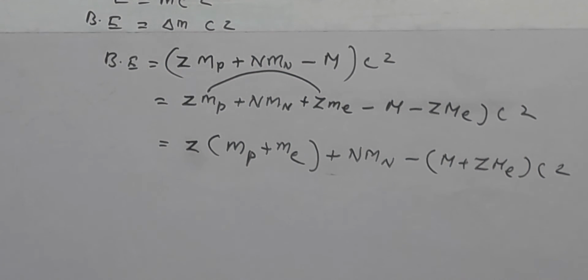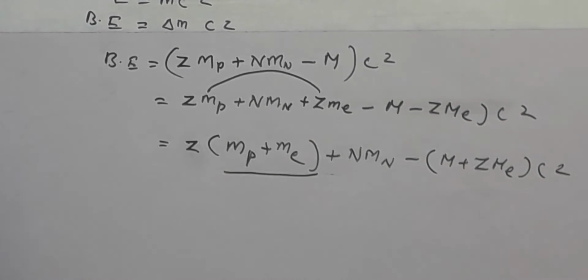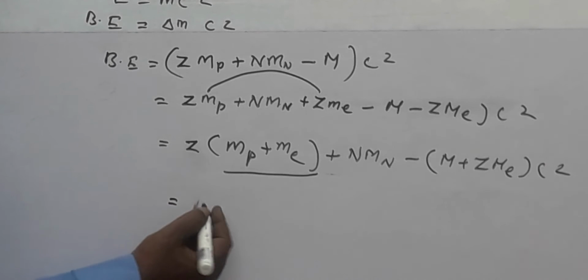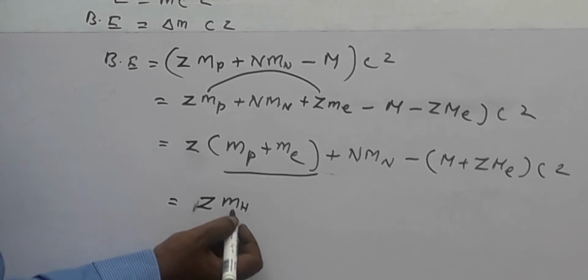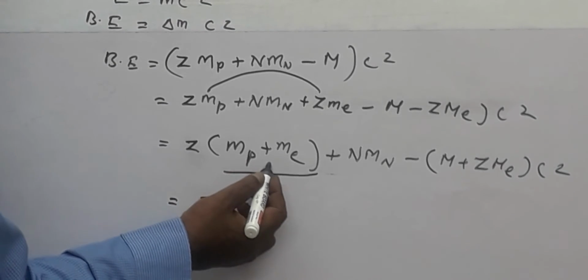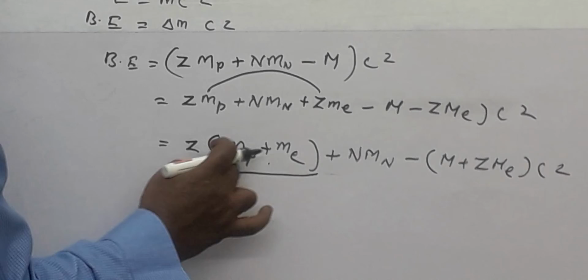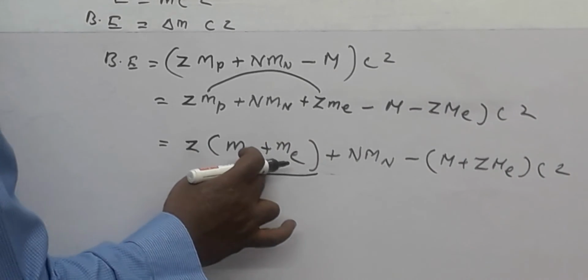Z is taken outside: mass of proton plus mass of electron, plus n mass of neutron, minus the constant M plus Z me, into c square. Now this is nothing but the mass of hydrogen. That is the mass of the nucleus of the hydrogen atom, the constituent particles of the hydrogen atom nucleus.